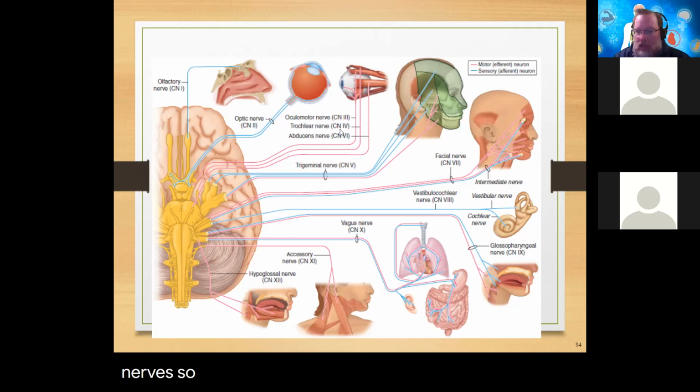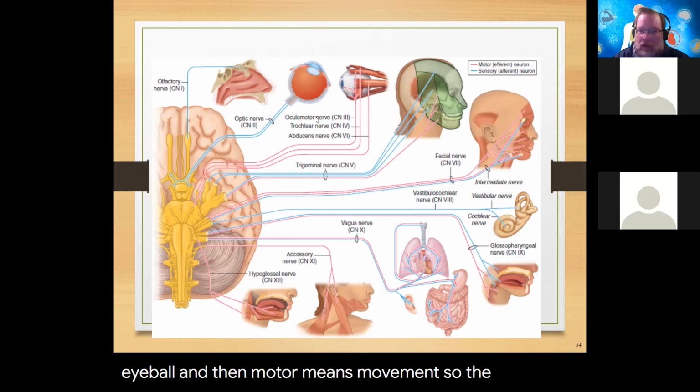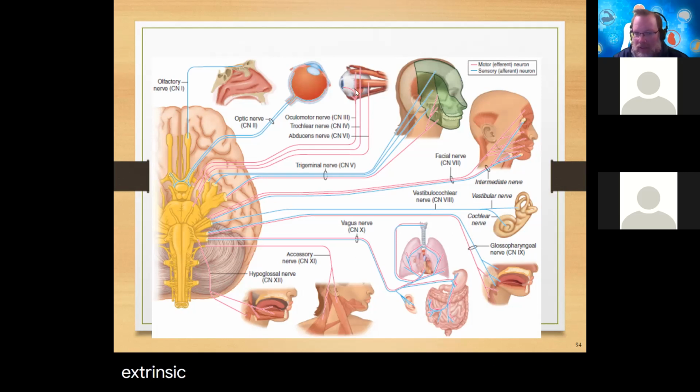So oculo, meaning something to do with the eyeball, and then motor means movement. So the name of the nerve tells us a lot about it. Oculomotor moves the eye. That's number 3. And then trochlear is number 4. That's extrinsic eye muscles.